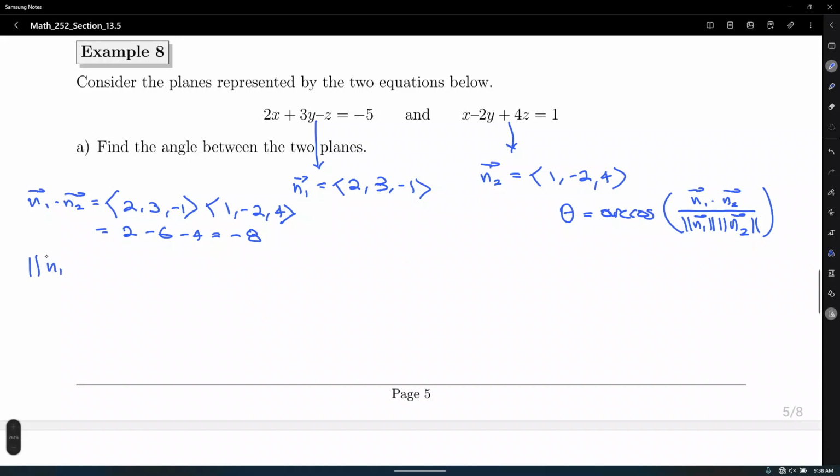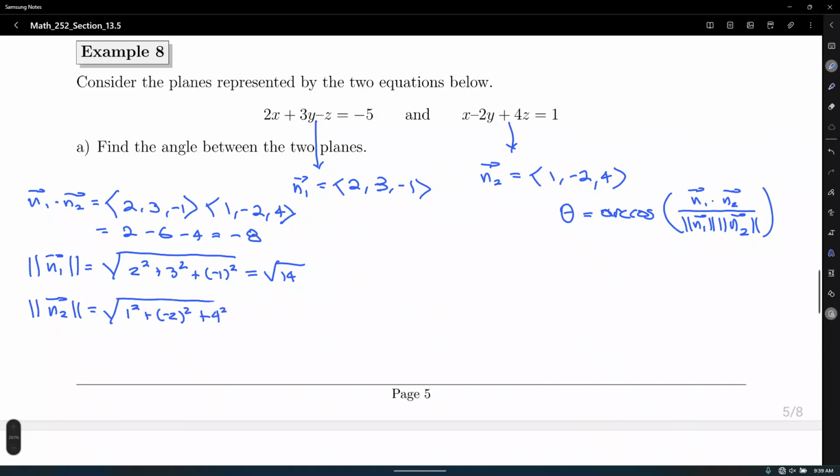The magnitude of n1, which is, what's that? The square root of 2 squared plus 3 squared plus negative 1 squared. That equals the square root of 14. And for the magnitude of n2, that's the square root of 1 squared plus negative 2 squared plus 4 squared. That equals the square root of 21.